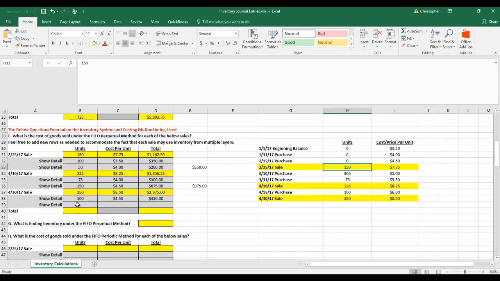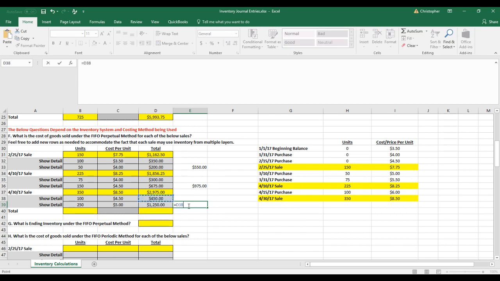We need 250 more. Keep in mind you have to skip the sale; the next layer gives us the 250 we need at $5 per unit. So we took 250 out of that 300 unit layer, leaving us with 50 in that layer.